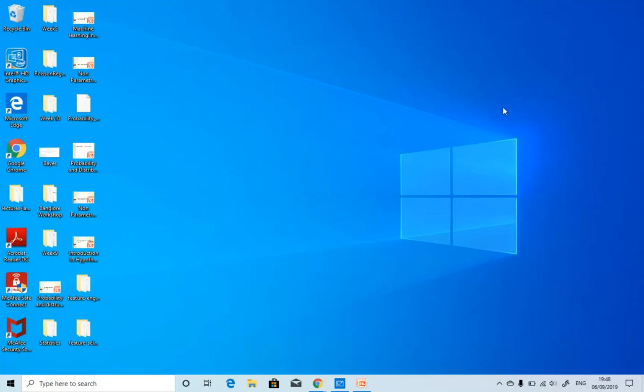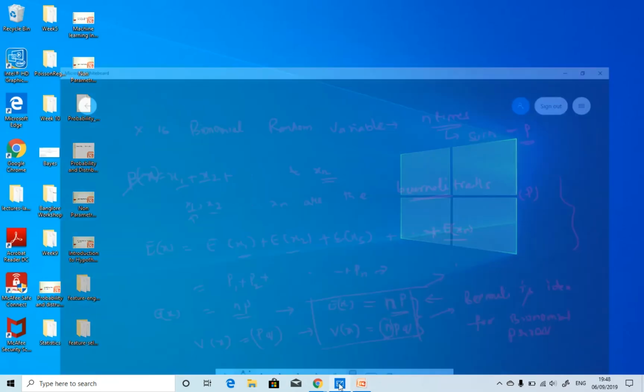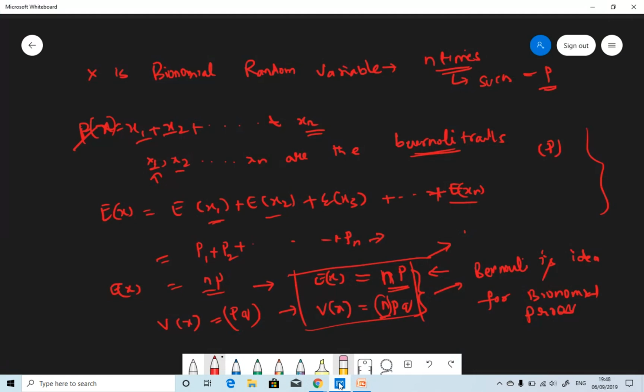Now here also we will get the probability mass function.